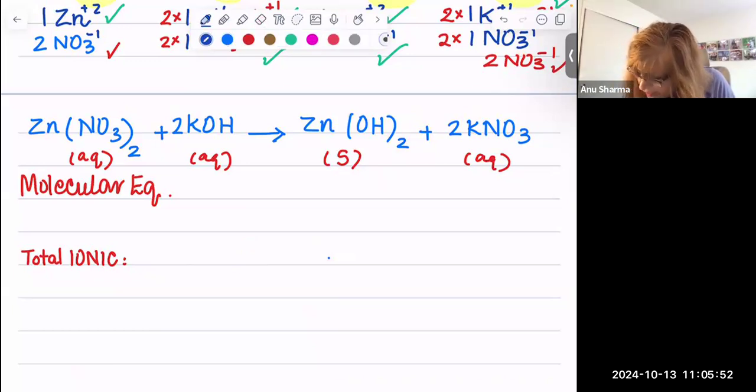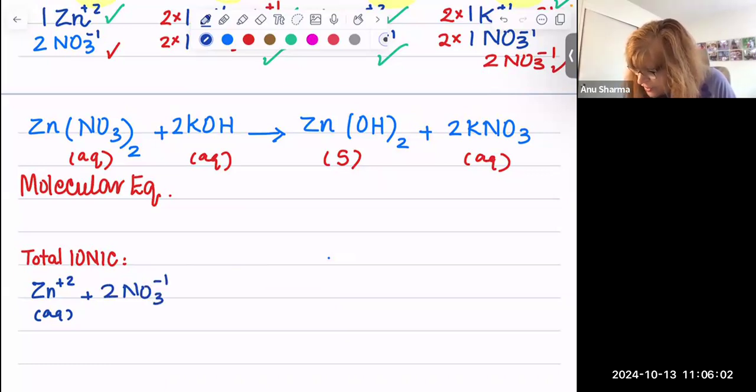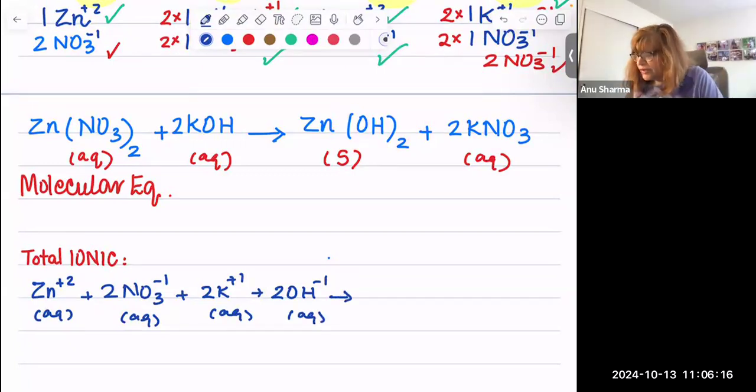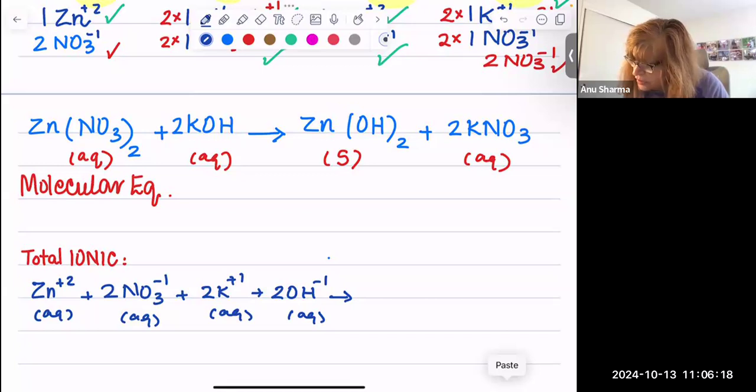Okay, so there is zinc plus 2 charge, aqueous, plus 2 nitrates, minus 1 charge, aqueous, plus 2 potassiums, plus 1 charge, aqueous, plus 2OH minus 1 charge aqueous gives you, okay, gives you now Zn.